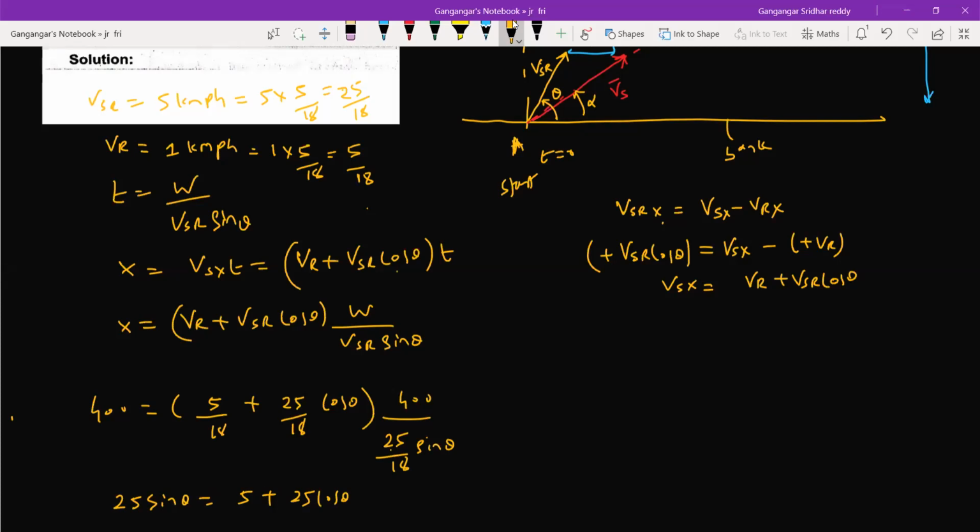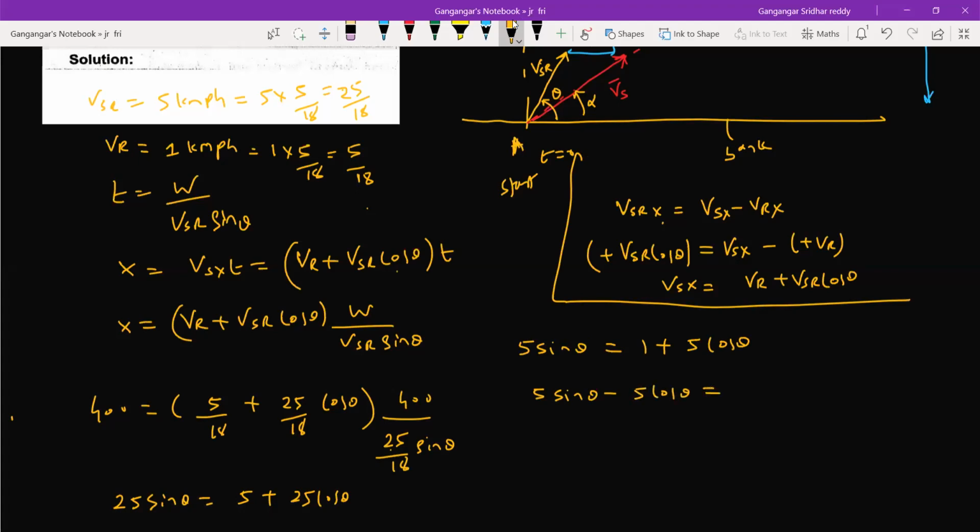I think this is now totally a trigonometry problem. So 5 sin theta is equal to 1 plus 5 cos theta. 5 sin theta minus 5 cos theta equal to 1.